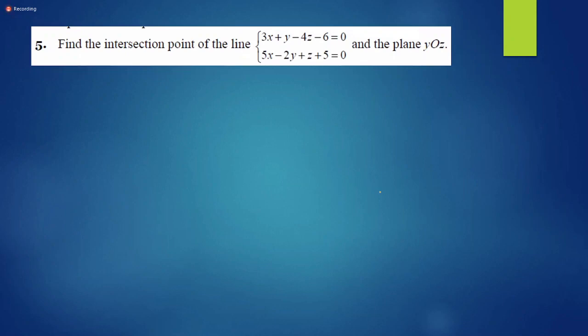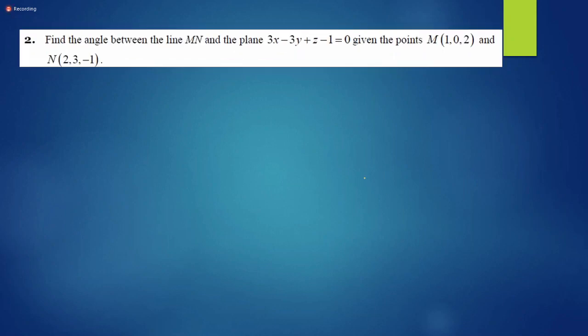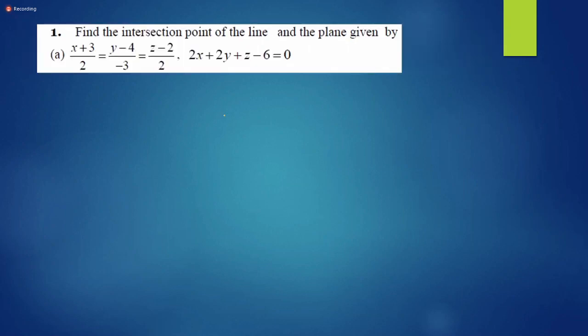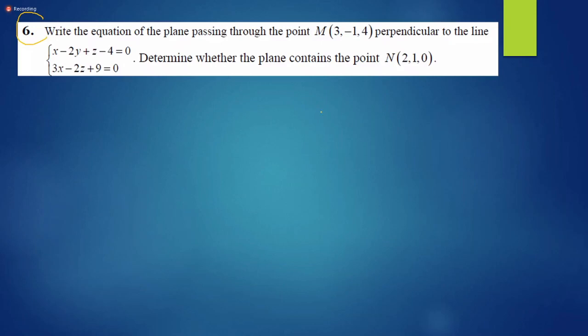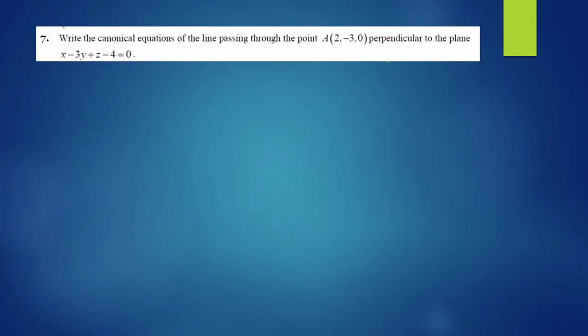Line, angle between line and plane. Basically, we need to find a vector. We may or may not skip, but this is something we must do by all means. I would like to do this. Canonical equations of line perpendicular to plane. That would again be very simple. I think we can start with this, or we can skip this. Symmetrical.